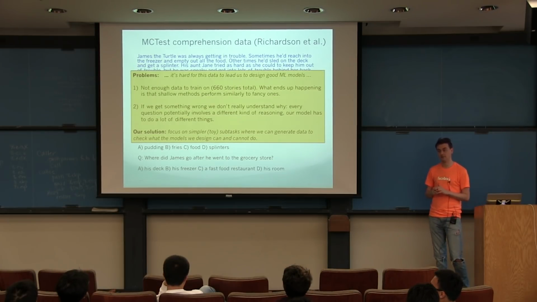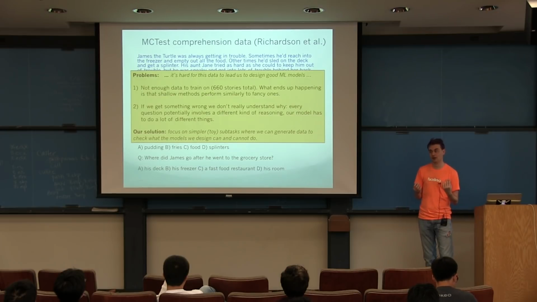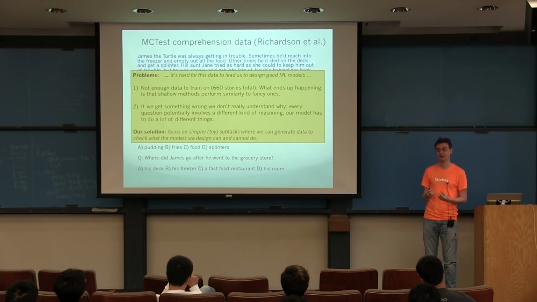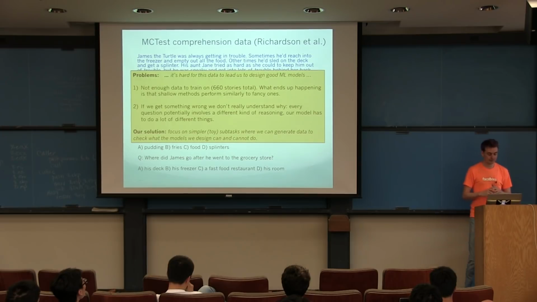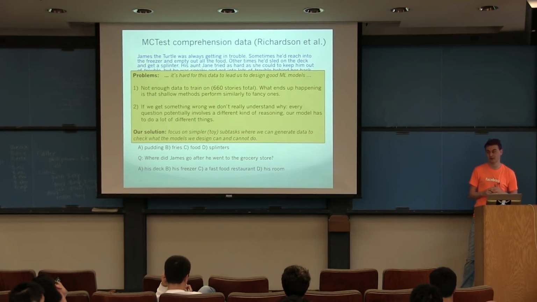Going back to ImageNet, we didn't really see good performance from neural networks relative to other models until we had millions of training examples. So there's a lack of data in the question answering field right now.